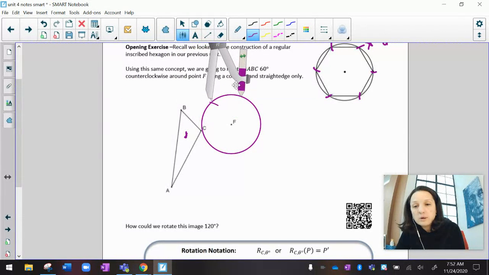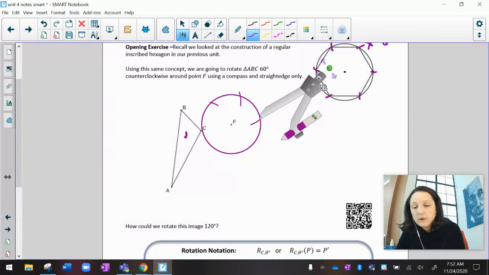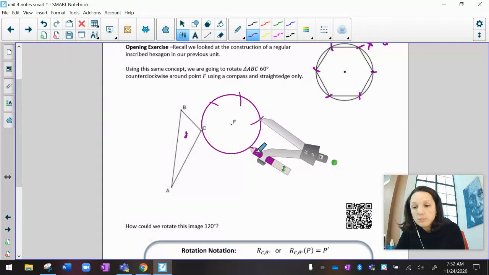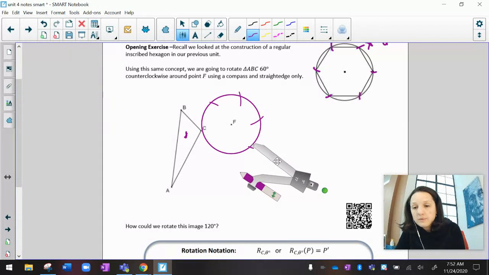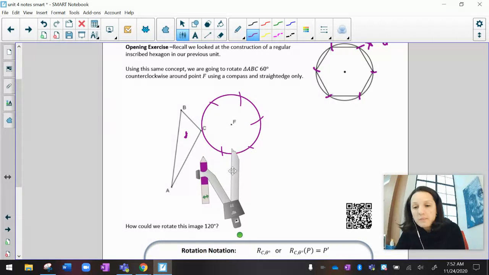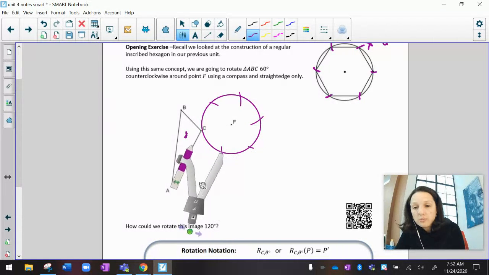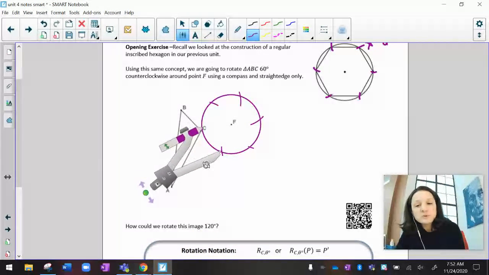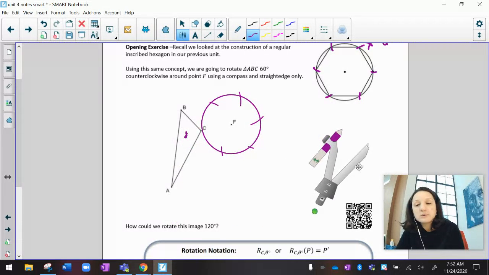So 1, 2, keep moving intersections one at a time. 3, this takes forever on the computer. 4, whoop, 5, and then we actually don't need to draw the 6th arc because the 6th arc should pass right through C anyway. So I'm only going to draw the 5 arcs.